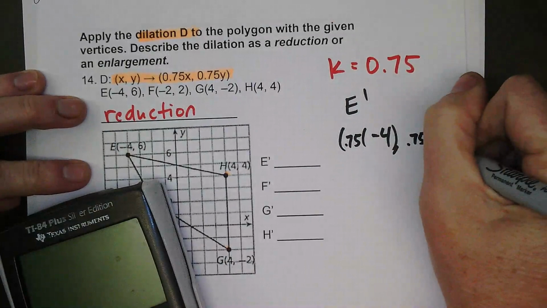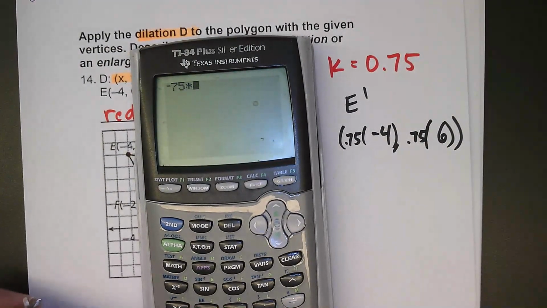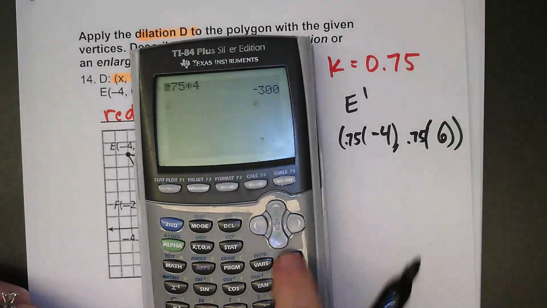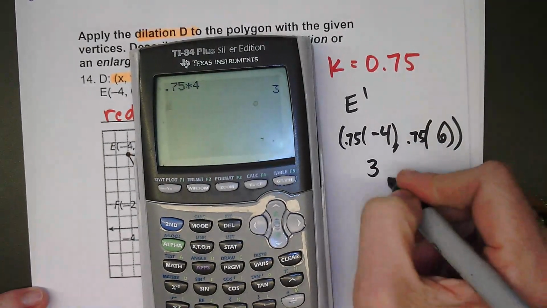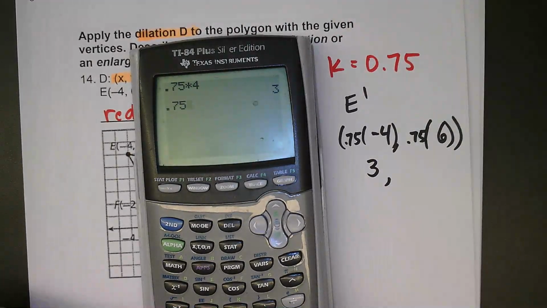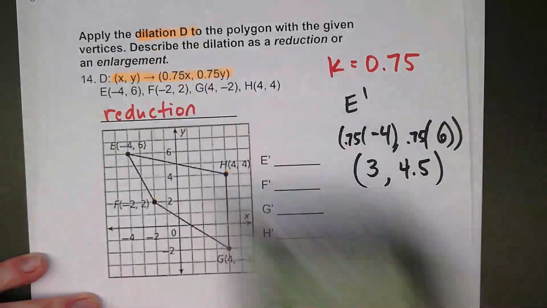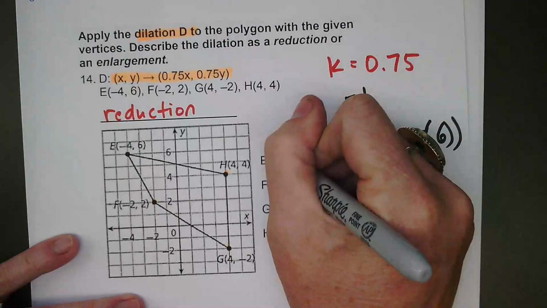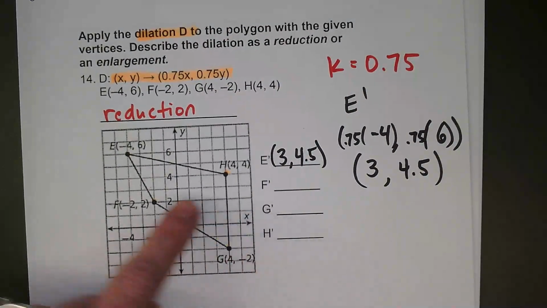So we'll do 0.75 times 4. That's going to give us 3. And then we do 0.75 times 6. That's going to be 4.5. So that is our E prime: 3, 4.5. And then we repeat that process for all of them.